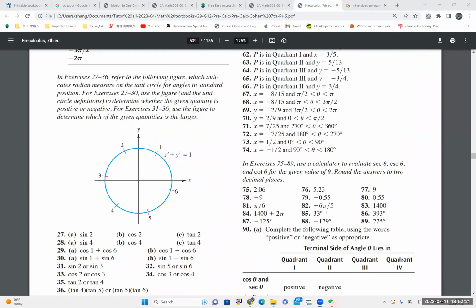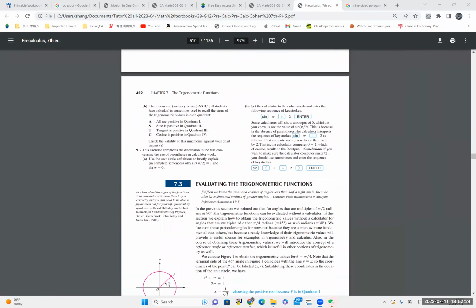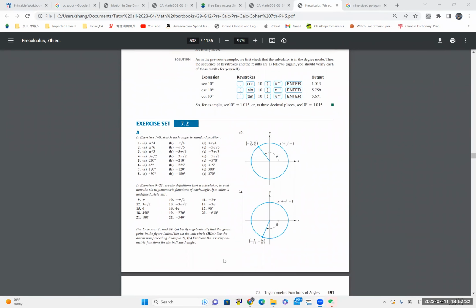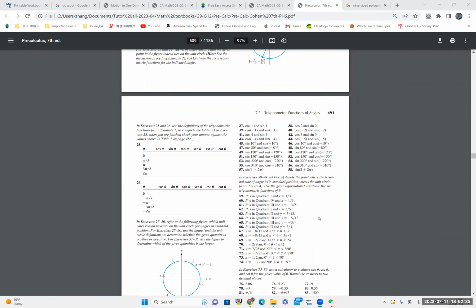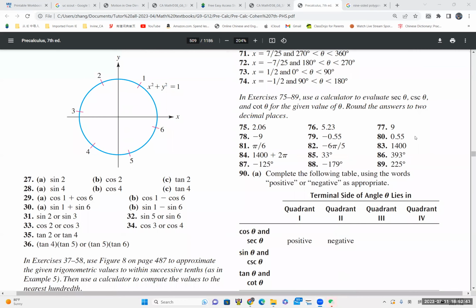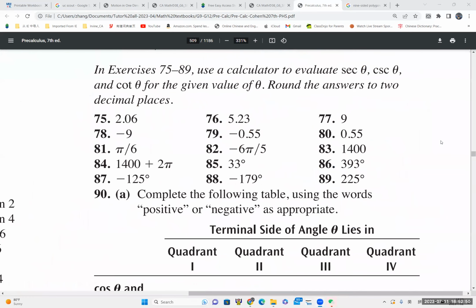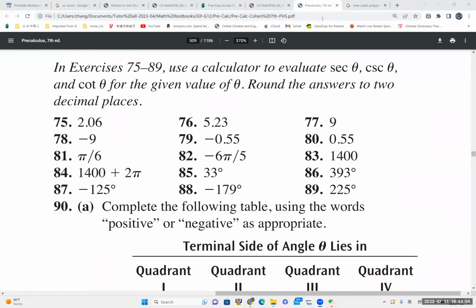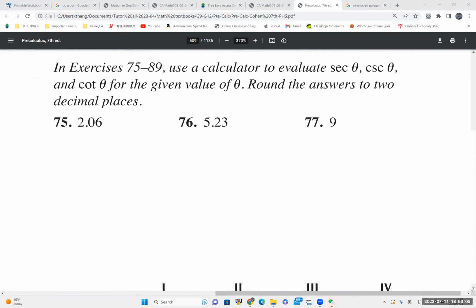Now, part A. Just part A. Okay, let's pick one from here. Use your calculator to evaluate.